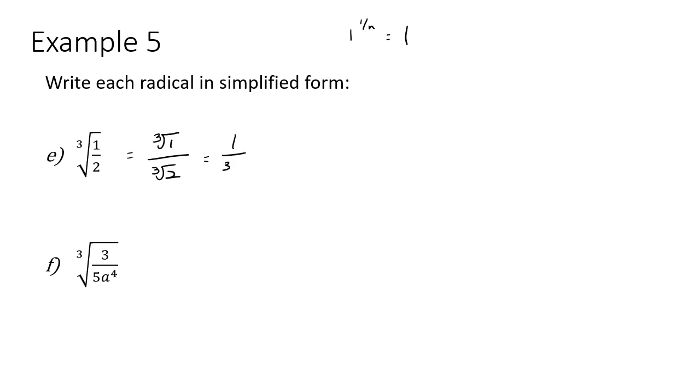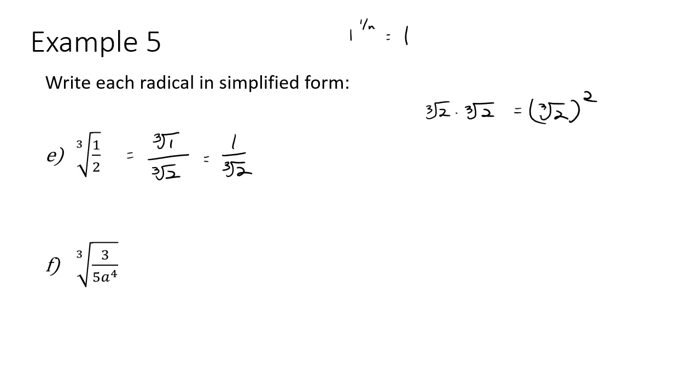The cube root of 2 on the bottom does not work out cleanly. So this is not simplified radical form because we have a root, a radical, in the denominator. The problem is that when we get to this point, a lot of times students will just try to multiply by cube root of 2 over cube root of 2, which does not work. And the reason for that is because cube root of 2 times cube root of 2 is cube root of 2 squared.